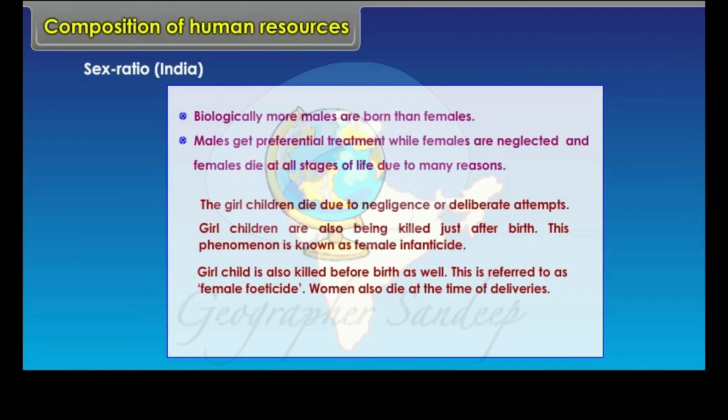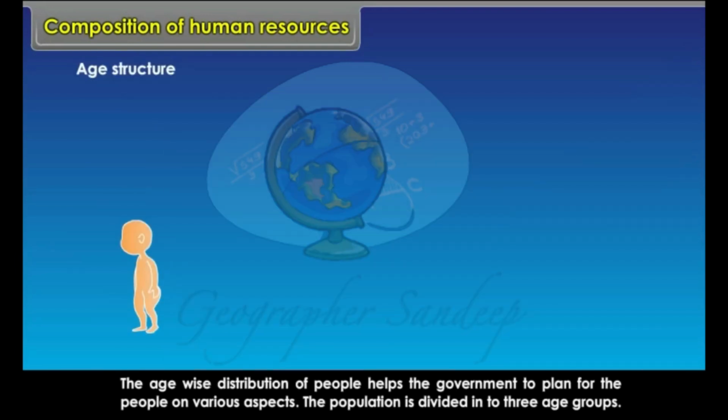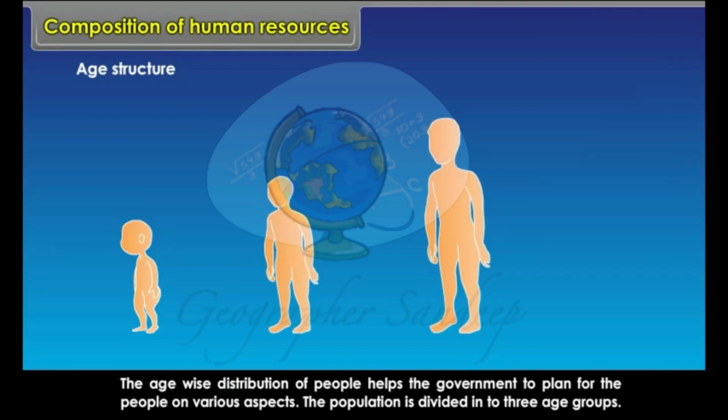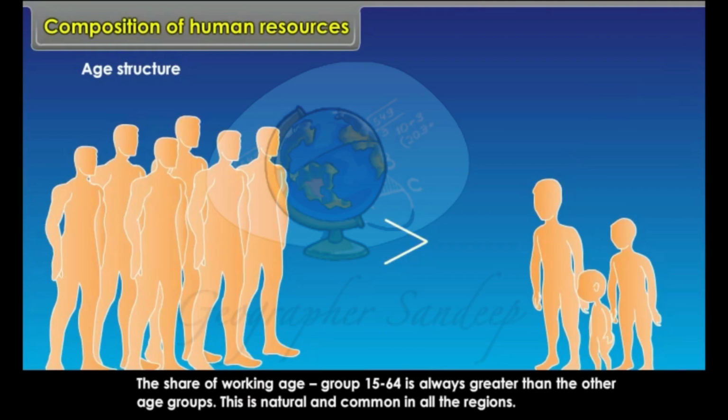Age structure. The age-wise distribution of people helps the government to plan for the people on various aspects. The population is divided into 3 age groups: 0 to 14 years, 15 to 64 years, 65 years and above. The share of working age group 15 to 64 is always greater than the other age groups.